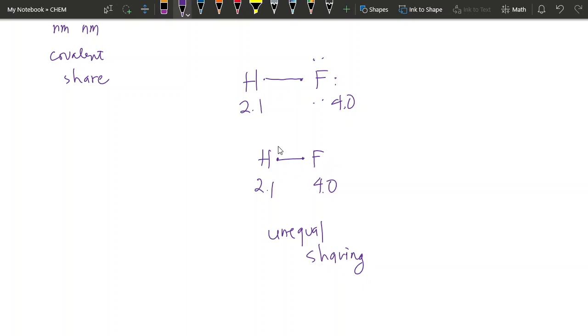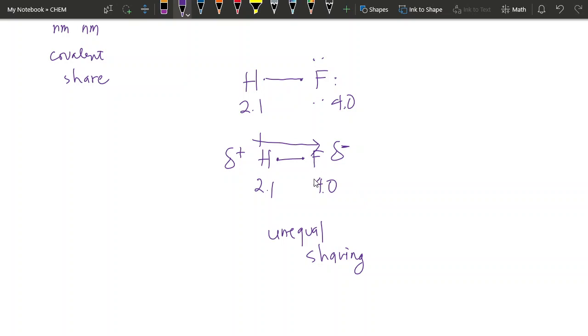So in this case, the electrons will go towards fluorine, so it will become partially negative because it attracts more electrons, and electrons are negative, and hydrogen will become partially positive.